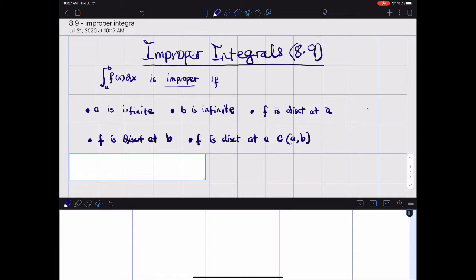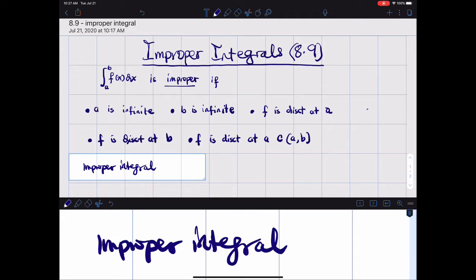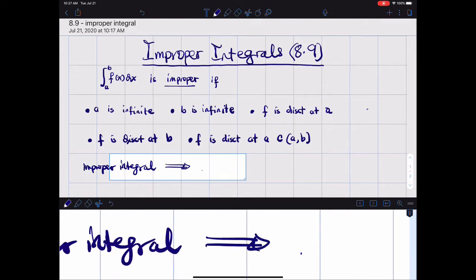An improper integral can be expressed using limits. We use limits to express improper integrals. The goal is, if you have an improper integral, you want to convert it to a limit problem.